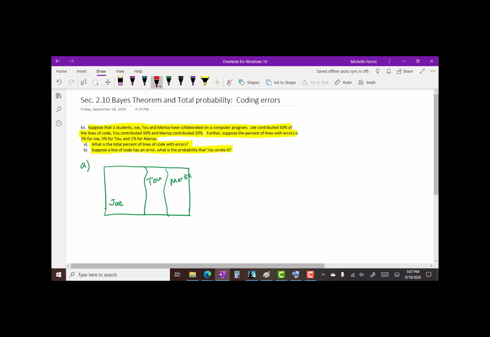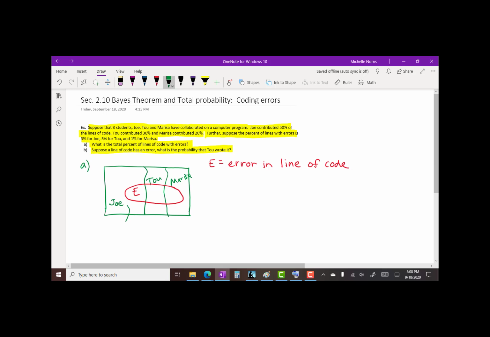Within any one of these sets of lines of code, there are errors. So we have this event, I'm going to call it E, which is that we have a line of code with an error. So E is the error in a line of code. We know within each person's part what the probability of an error is.